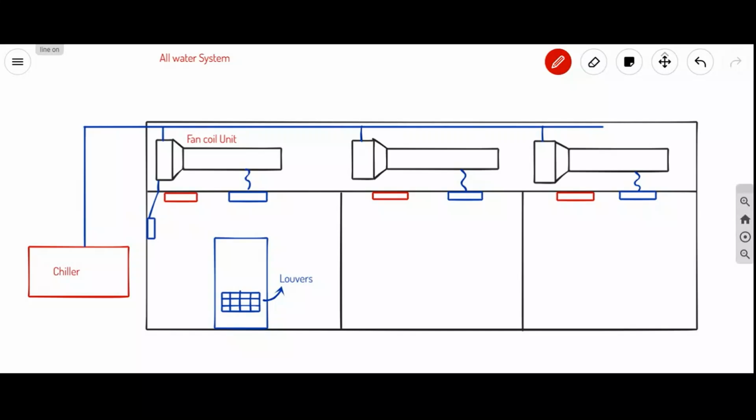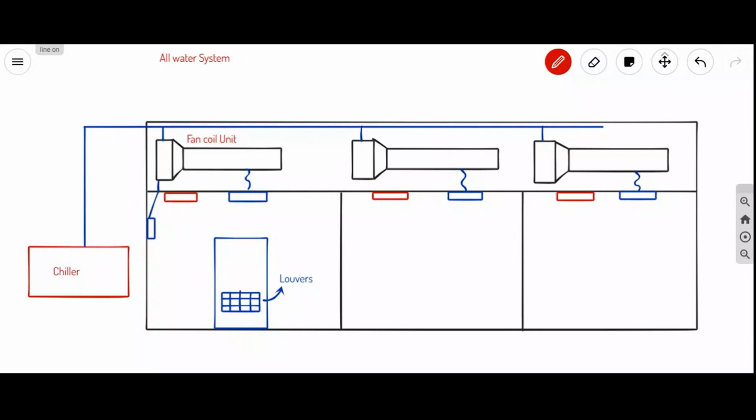Clear? Now, suppose we use both in a single project, say a 5-star hotel. In the 5-star hotel, we have banquet halls, reception areas and restaurants. These are the bigger applications where we need to use AHUs. But in the individual rooms and suites, we need to use FCUs. So it is a combination of multiple systems.